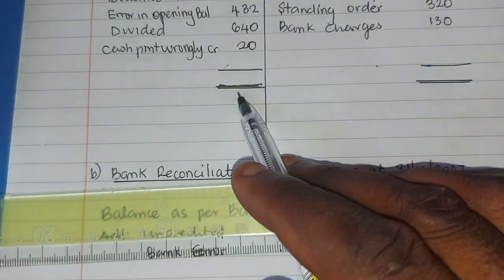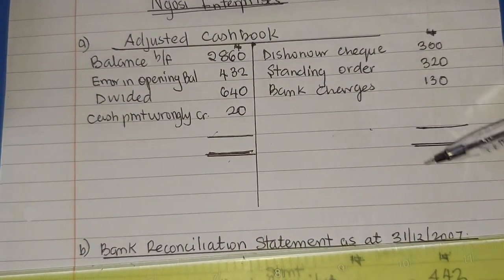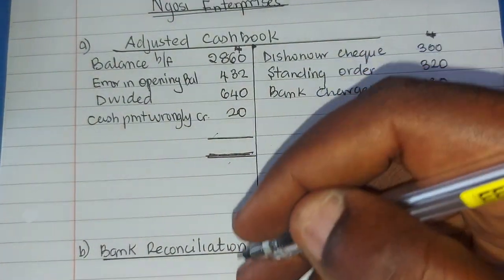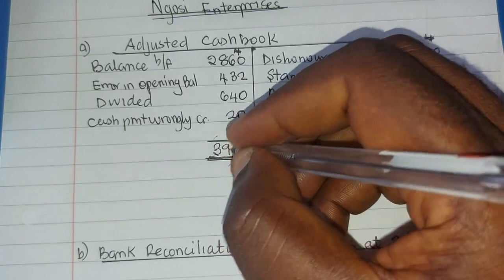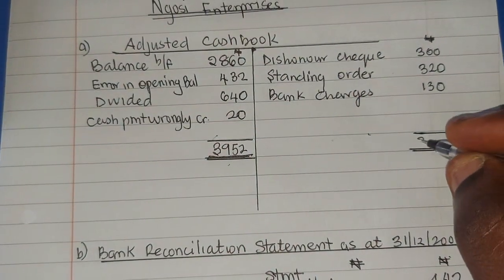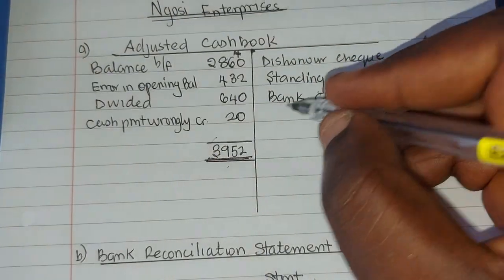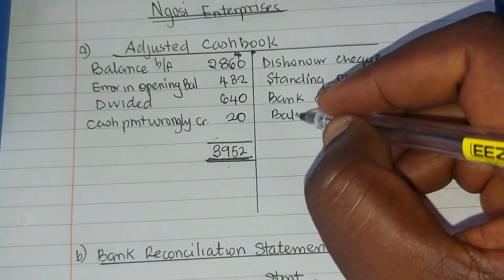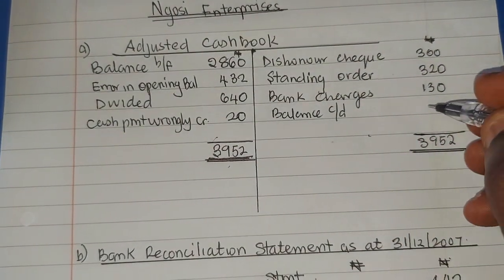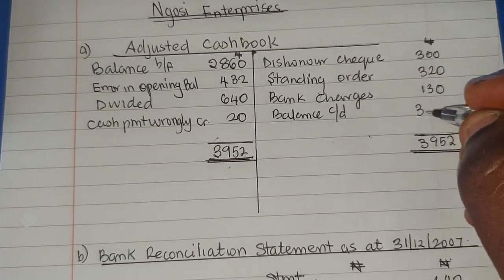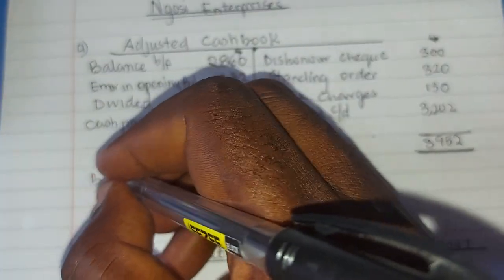When you add this side, obviously when you look at this debit side, it's more than this credit side. It's very obvious, and from my calculator you have 39520. So when you subtract all this, you are going to have a balance c/d of how much? 3202.